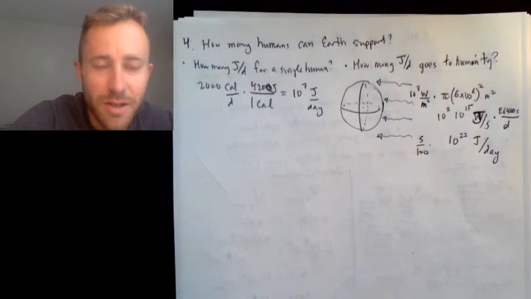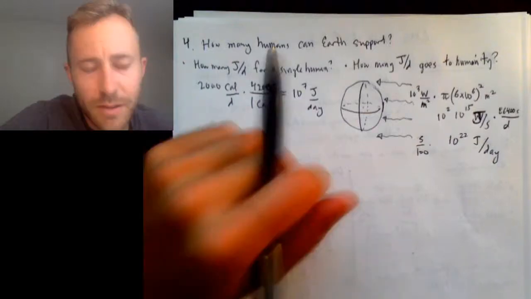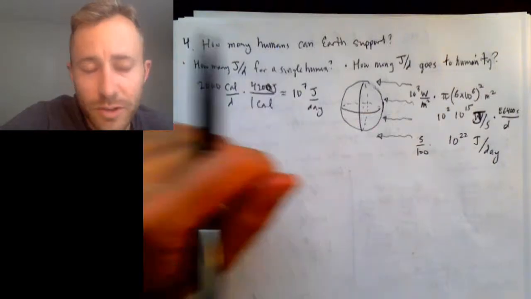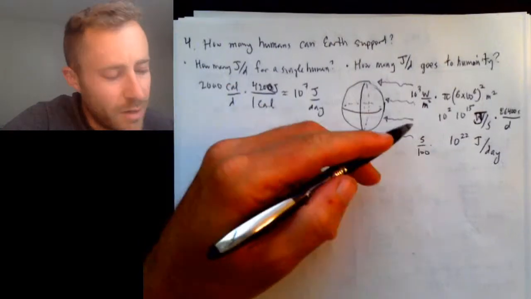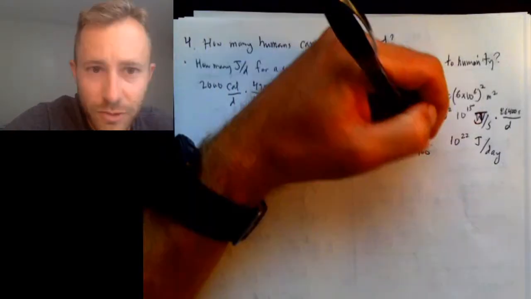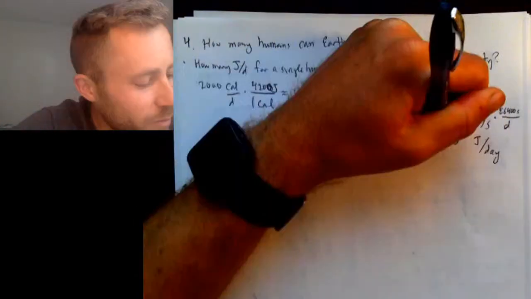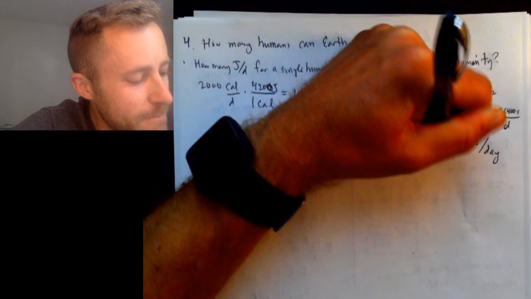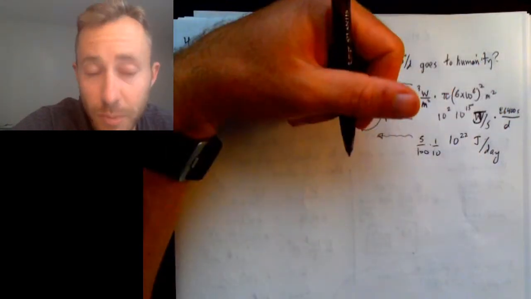So that means photosynthesis isn't 100% efficient, so it doesn't use all of this energy. It only harvests for building of plant matter, maybe 10% of it. Okay. And not all of that is going to humans.